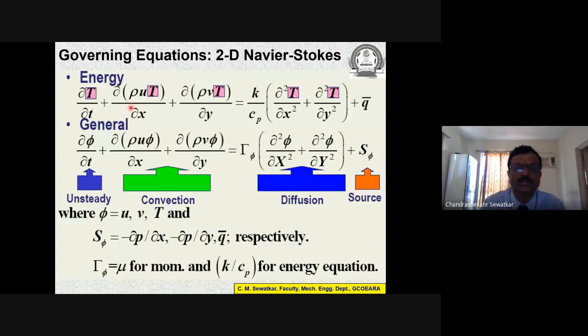So I can do away with this term. And if there is no heat generation, for example, I can do away with Q bar. What I am left with is del 2T by del x square plus del 2T by del y square is equal to 0, because k and Cp cannot be 0.